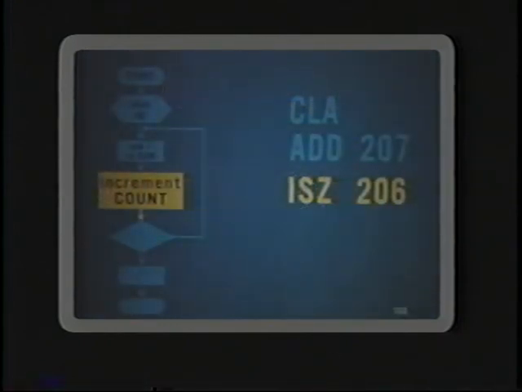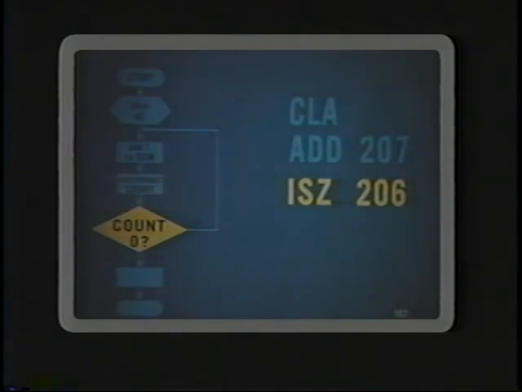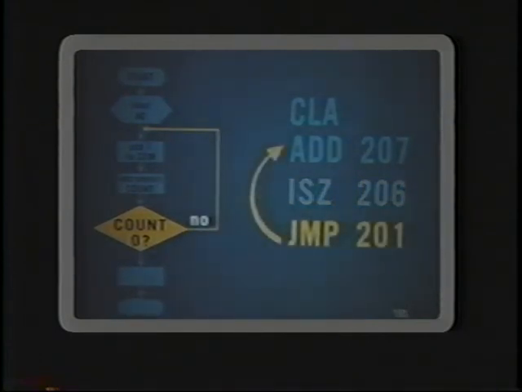After this addition, an ISZ instruction is used to increment the count stored in memory location 206. The ISZ instruction also tests the count that is stored in memory location 206. If the incremented count is not 0, this unconditional jump instruction is used to return the computer to the beginning of the program loop.